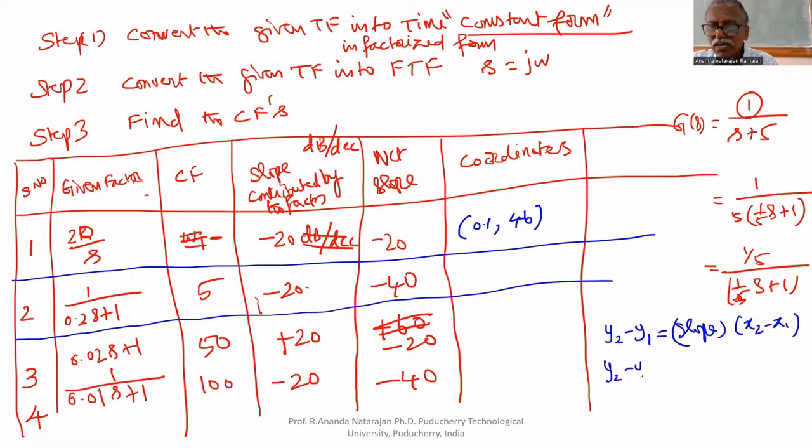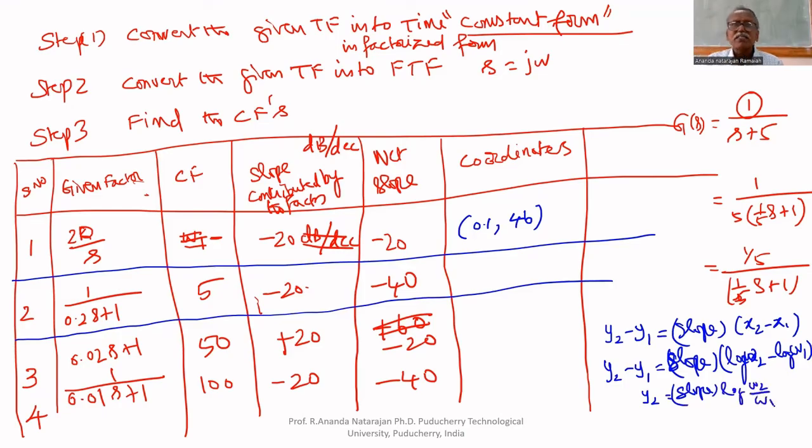Therefore, y2 minus y1 equal to slope multiplied by, this is in logarithmic scale, that's why log omega 2 minus log omega 1. Therefore, you will get y2 equal to slope multiplied by log omega 2 by omega 1, because log omega 2 minus log omega 1 equals log omega 2 by omega 1, plus y1. Am I correct or not? This is the equation. By using this equation, we can find the coordinates.